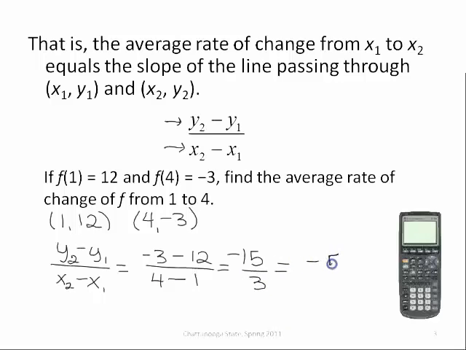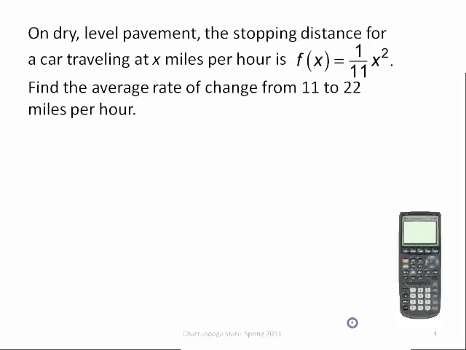That simplifies to negative 5. So that slope, or average rate of change, from 1 to 4 is negative 5. So every time the y goes down by 5 units, the x would go up by 1, because remember, this is like having negative 5 over 1.